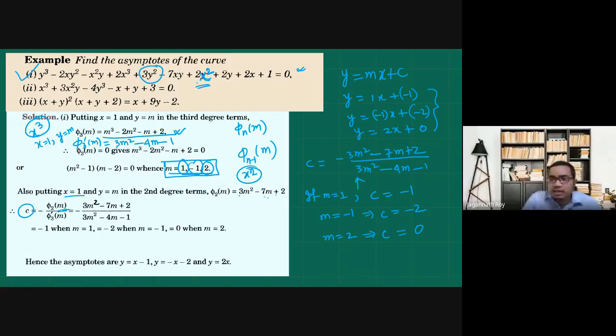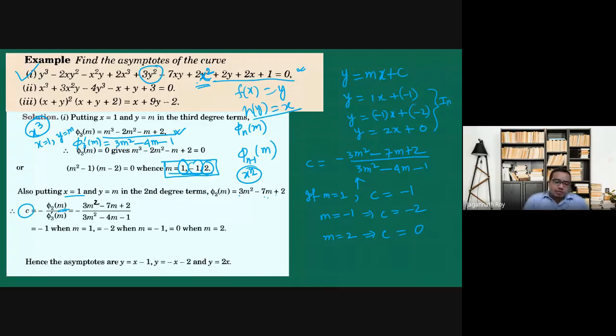So these three are the inclined asymptotes. This is how we find the inclined asymptotes for functions which cannot be written as y equals to f of x, or x equals to h of y.